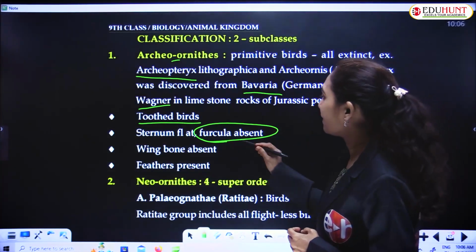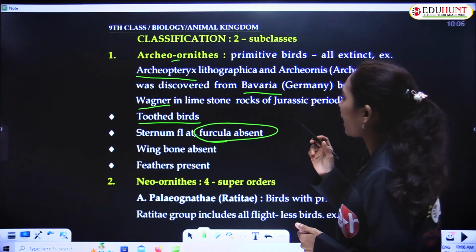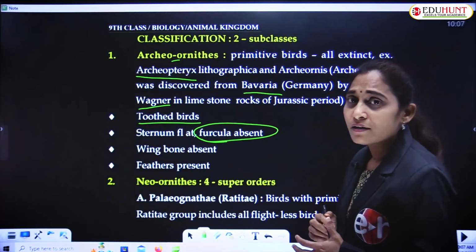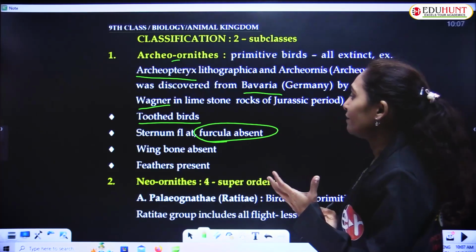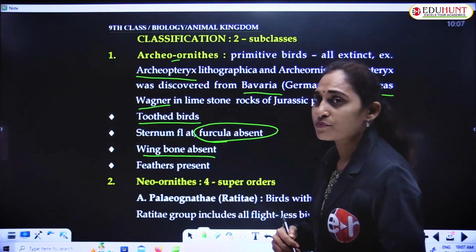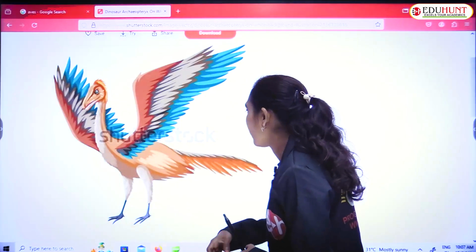That is absent in the subclass Archaeornithes, and all the birds of this subclass are extinct. Feathers are present.